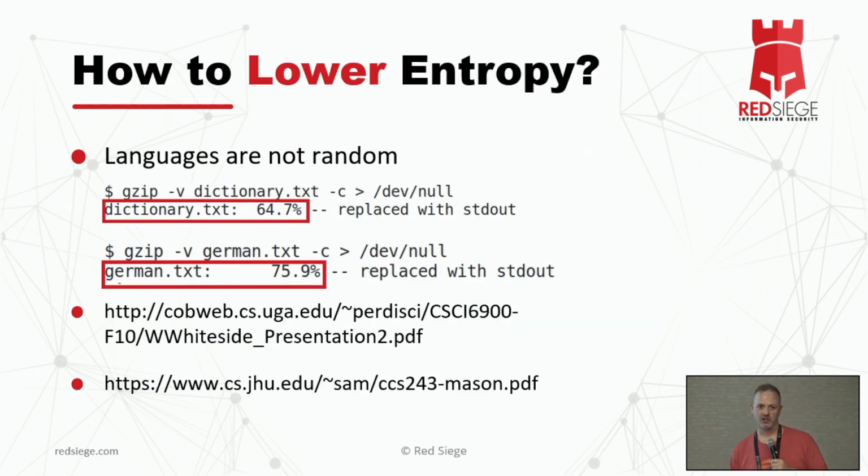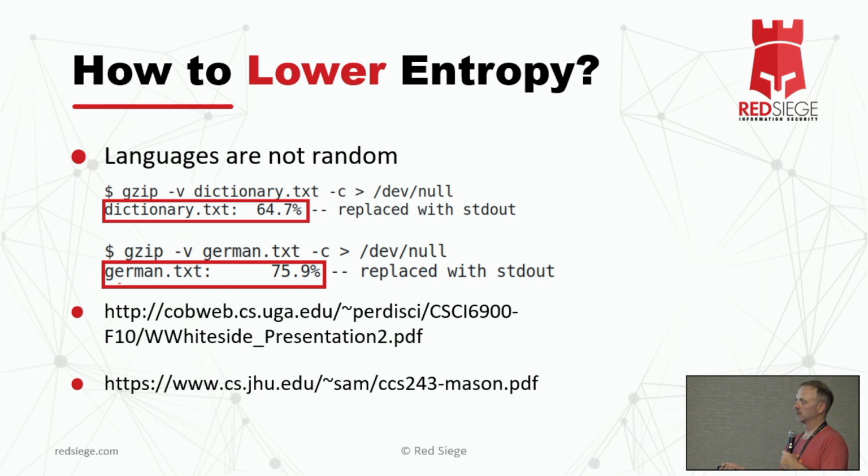So how do we lower entropy? Back to our compiled programs. One thing we know is that languages like English and German are not random. We know this. We can test this. Let's take an English dictionary and compress it with gzip. We reduced the size by 64.7%. So we compressed it by quite a bit, so it's probably not very random.